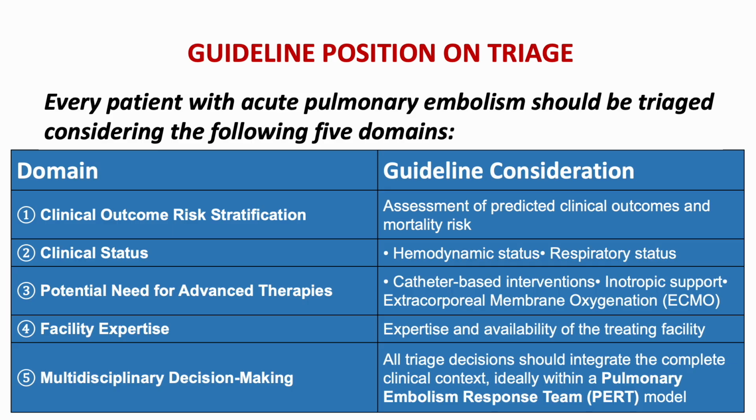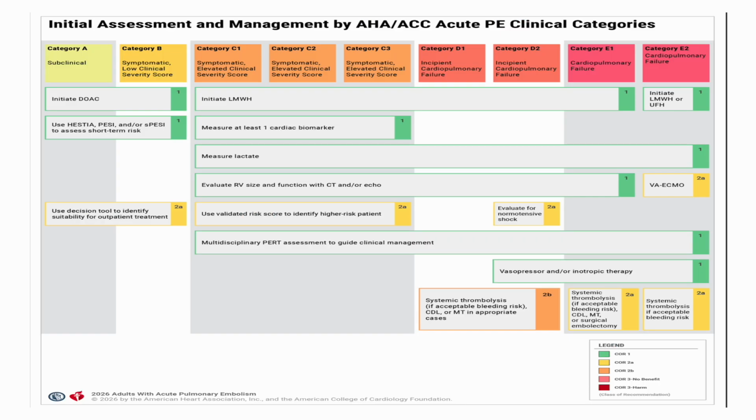Number 3, whether they will need advanced therapies, which may be catheter-based interventions, inotropes, ECMO. What is number 4? Your facility expertise. Someone may need a catheter-directed embolectomy, but do you have it? Would you want to shift him? And number 5, PERT, multidisciplinary decision meeting. And this is with a pulmonary embolism response team model.